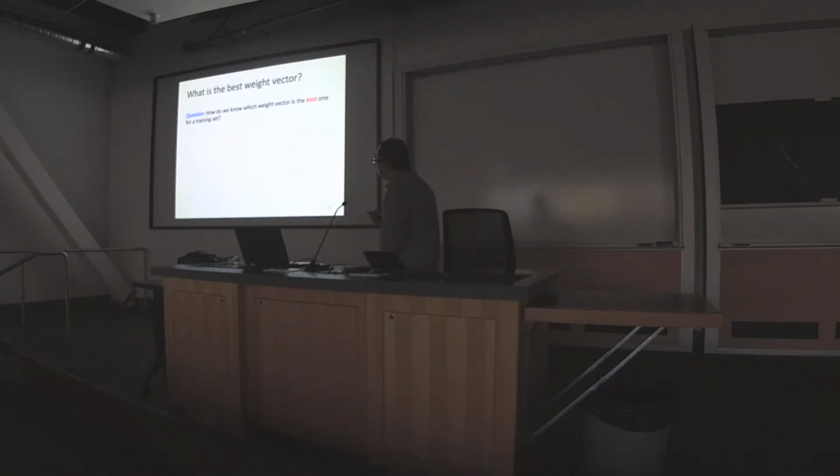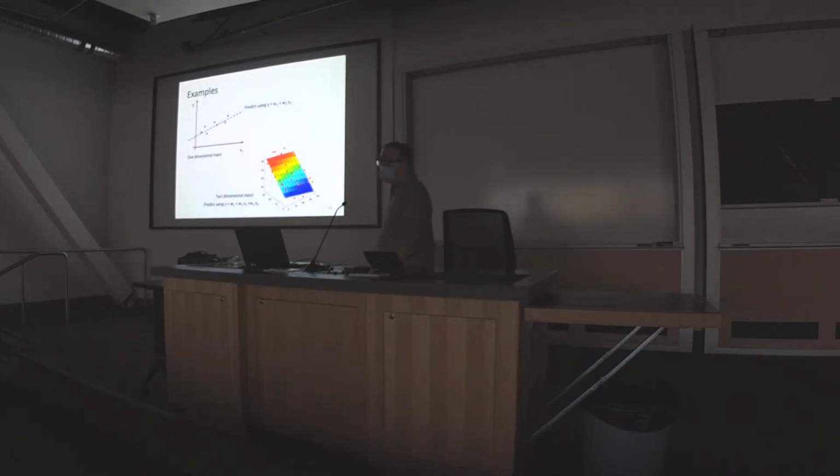The question is, how do we know which weight vector is the best one for the training set? That is equivalent to asking how we find a position for a line. Why don't I make the line like that or like that? How do I move this plane, adjust this angle to make it as close to the points as possible?